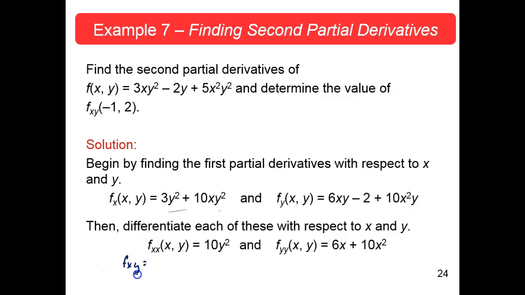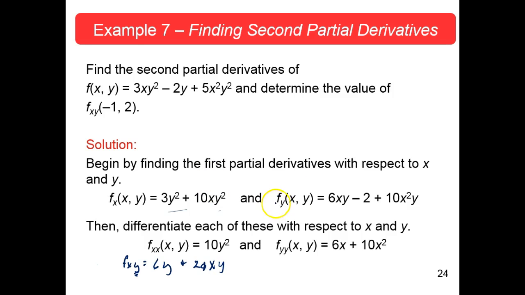With respect to y. 0. 3y squared. 6y. Got it. Plus this one with respect to y. 20xy. No, just y. You drop that by 1, right?